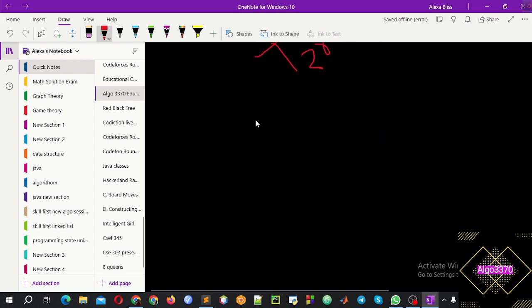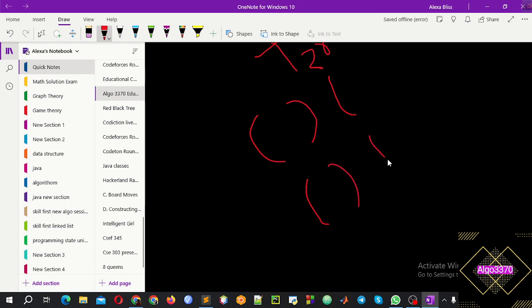Just assume that they give us a bracket sequence like this. We build another bracket sequence of length 6 like this. This is not valid. Why not valid? Because this is our main bracket sequence given by the system, and this is our built bracket sequence T of length 2n.